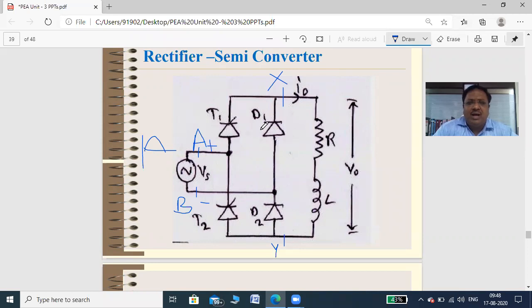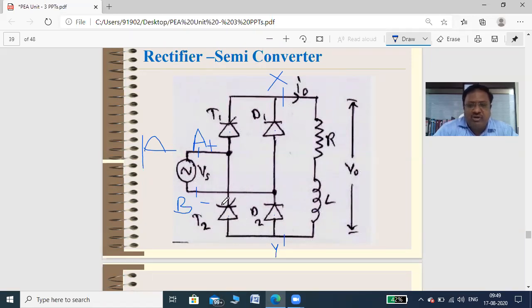So similarly, as one SCR and one diode conduct in one half, the second diode and second SCR will conduct for the negative half, right? So if A is positive with respect to B, T1 is forward biased and T2 is in a reverse bias condition, because both SCRs are connected to the same terminal, A terminal, right? So if A is positive, the anode of T1 is positive, but the cathode is positive.